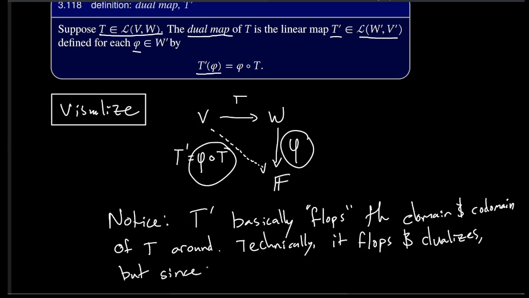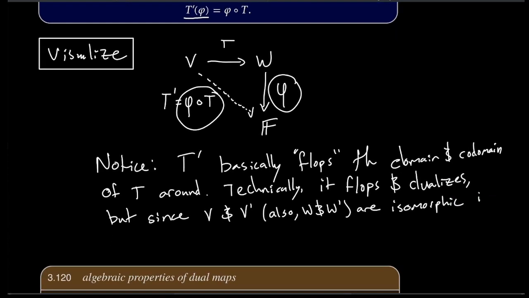But since V and V prime, also W and W prime, are isomorphic if finite dimensional, this part basically is just relabeling. So that's kind of the idea.